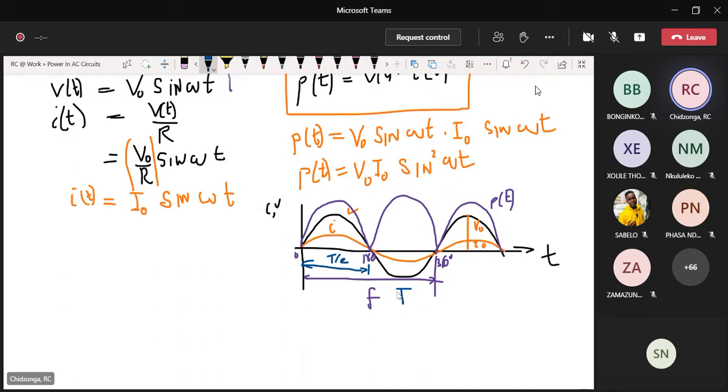Frequency relates to the number of repeating cycles per unit time. Surely, if you compare the current and the voltage signal, you'll see that when they go one cycle, the power signal has gone twice. So it means the power signal is actually 2 times the frequency of the voltage or the current. That is point number 1.